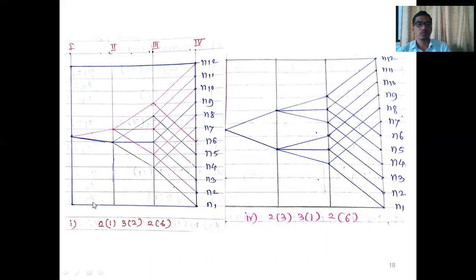You can observe the number of horizontal lines: first, second, third, up to 12. So these 12 speed lines are there. As it is a 3-stage gearbox, the number of shafts is 4. The first is the input, the last is the output, and shafts second and third are the intermediate shafts.